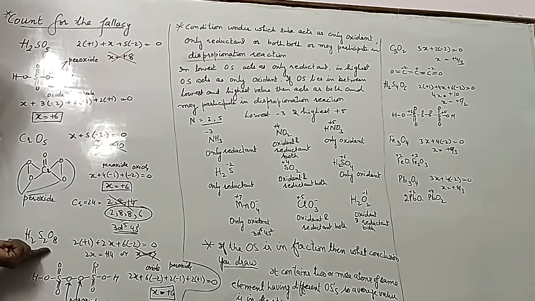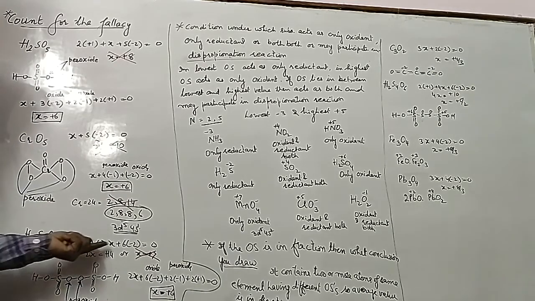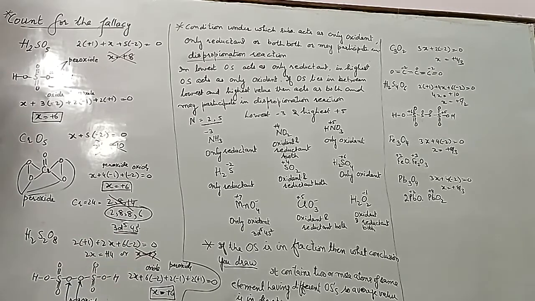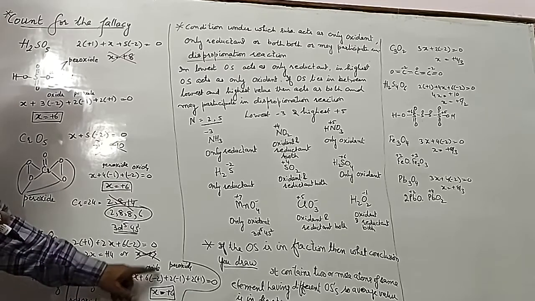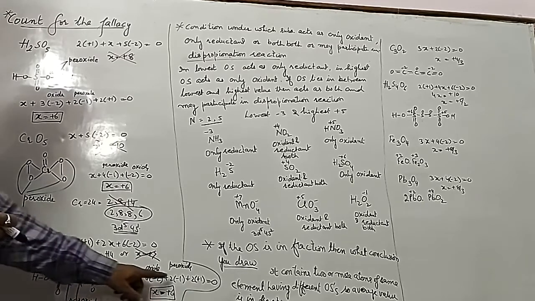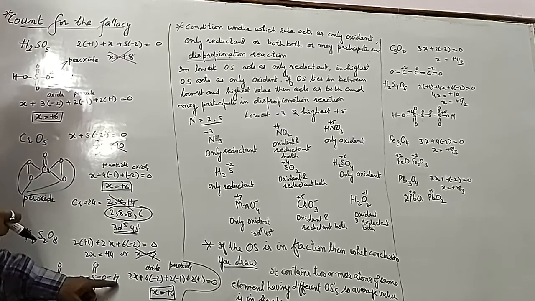Similarly, in this case the oxidation state comes out to plus 7, but the highest possible is plus 6. The reason is there are 2 oxygens which have a peroxide linkage. So there are 2 sulfur, 2x, 6 oxygens corresponding to oxide, 1, 2, 3, 4, 5, 6, and 2 oxygens corresponding to peroxide, and 2 hydrogen, plus 1.